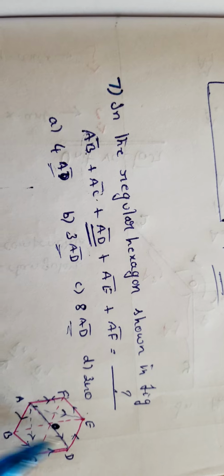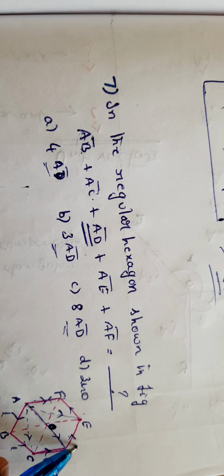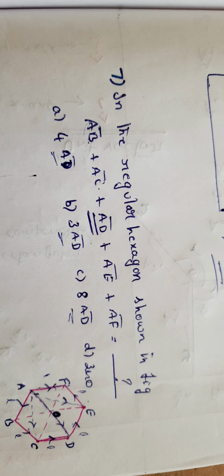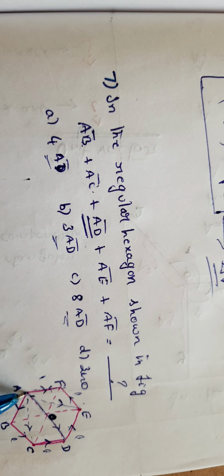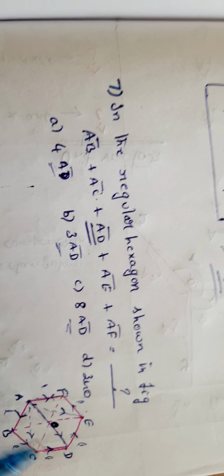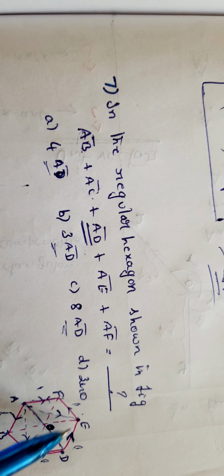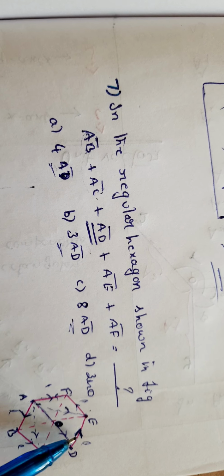See, if you observe, these two are equal because in a regular hexagon all the sides will be of the same length. So now observe the direction, right? AB and DE are of the same magnitude but opposite in direction.